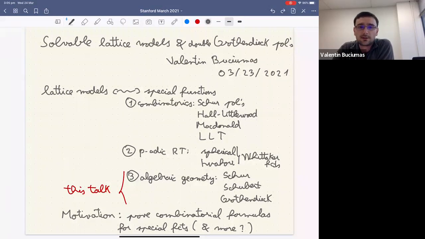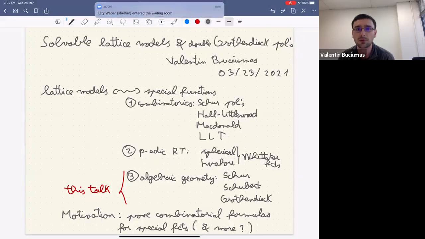The idea is that you may write a special function as the partition function of a lattice model, and you may use some standard techniques in the theory of lattice models to prove certain properties, like Cauchy identities or branching rules for your special functions. And we've seen so far functions that appear in combinatorics. So we've seen Schur polynomials. I don't think we've seen Hall-Littlewood or Macdonald polynomials, but they're there.